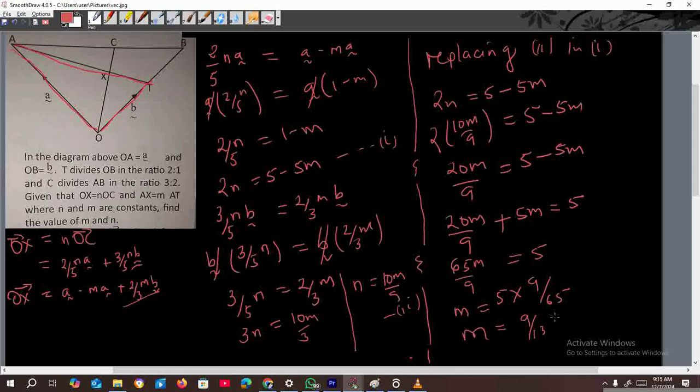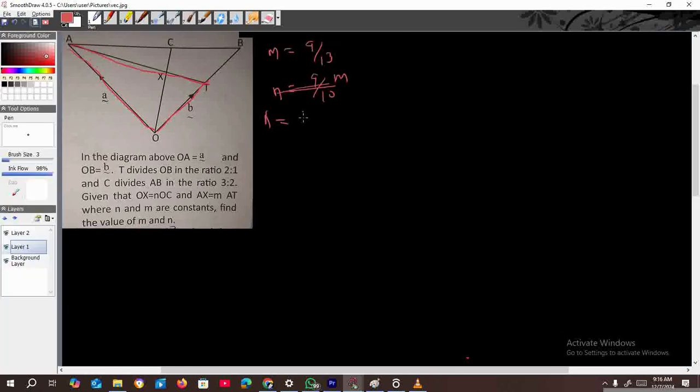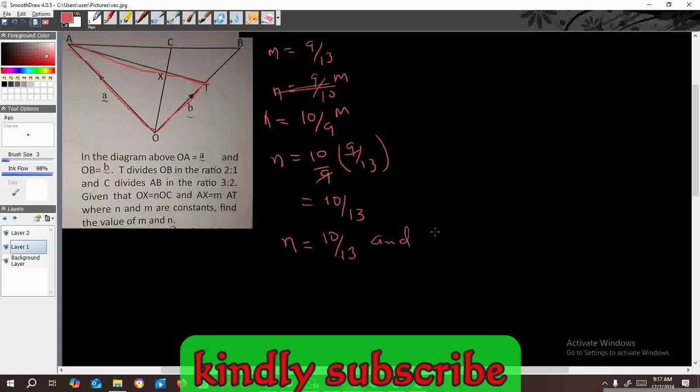So we have found the value of M. N is 10 over 9 M. We replace M here, so N will be 10 over 9 multiplied by M, which is 9 over 13, and the 9 will cancel out, and this will give you N will be 10 over 13. So the two scalars will be N 10 over 13 and M 9 over 13.